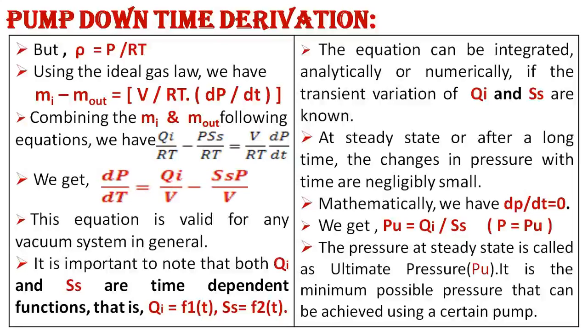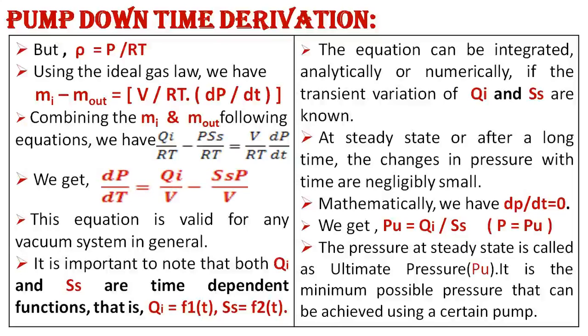Here the RT term is outside the bracket, and the rho term is P upon RT. Combining M in and M out, we have the following equation: Qi upon RT minus P S upon RT is equal to V upon RT dP by dt.